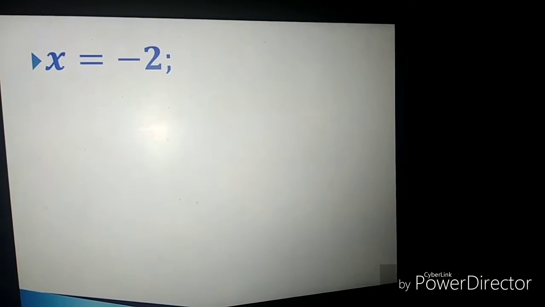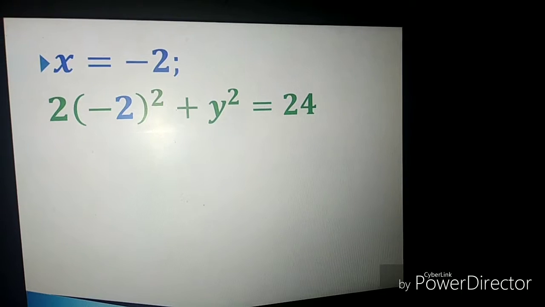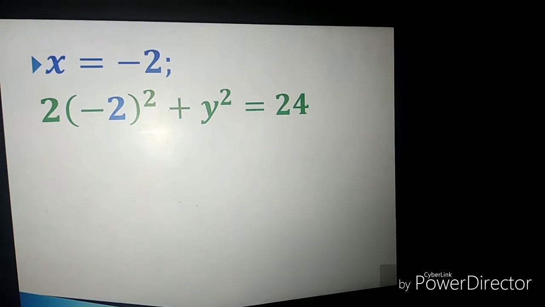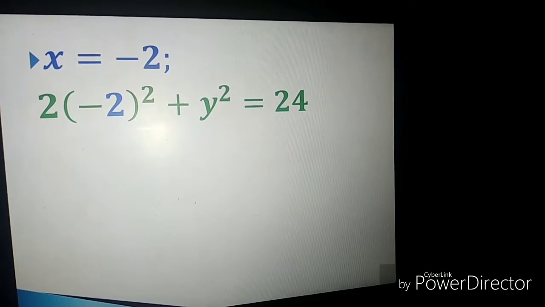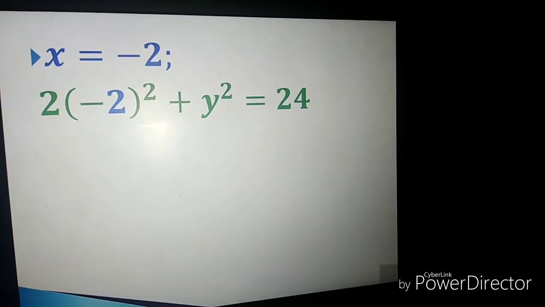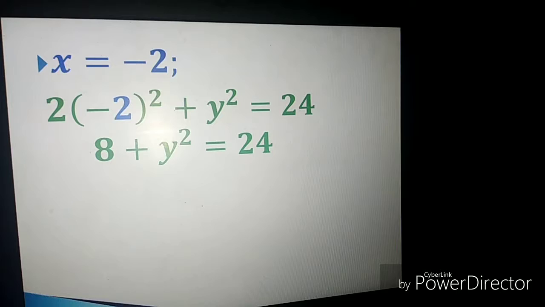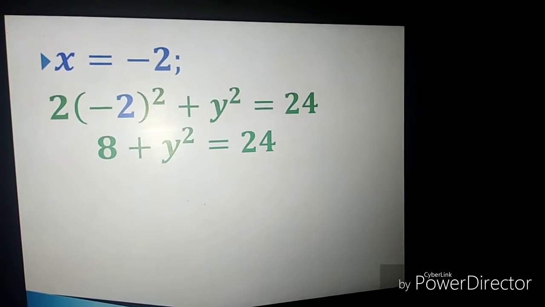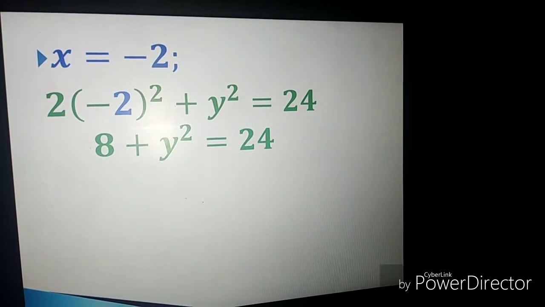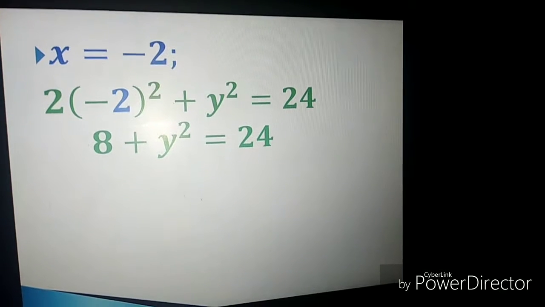What if x is equal to negative 2? So substitute the value x equal to negative 2. So 2 times the negative 2 squared plus y squared is equal to 24. Since it is squared, the negative will become positive.